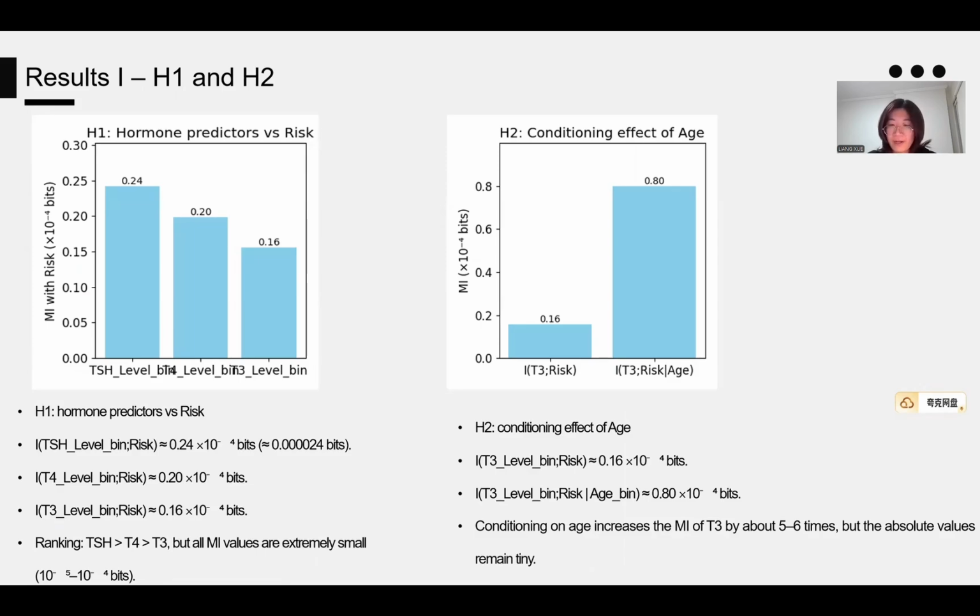But the values are only approximately 10 to the minus 5 to 10 to the minus 4 bits. For H2, the MI after conditioning on age increased by 5 to 6 times compared to the unconditioned case, indicating that T3 provides information beyond what is explained by age.